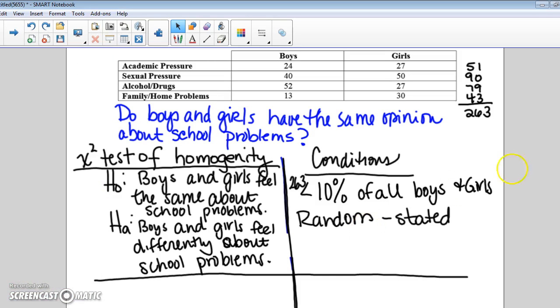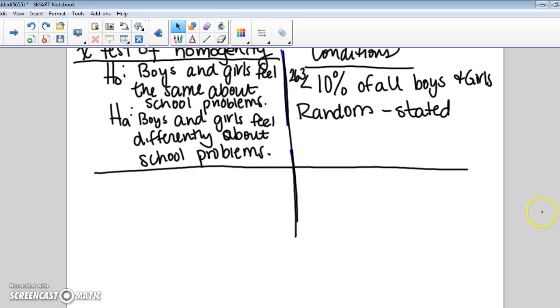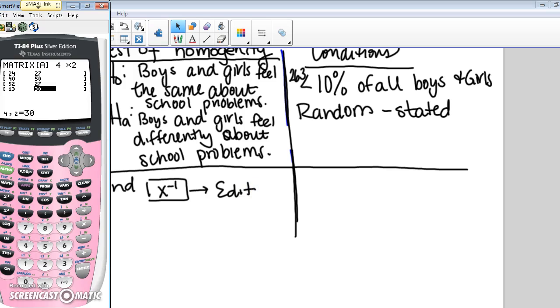So matrix on your calculator again is second, x to the negative 1, and you go over to edit. And if you put them in A every time, it'll be a little easier on you. So we'll go to stat, test.